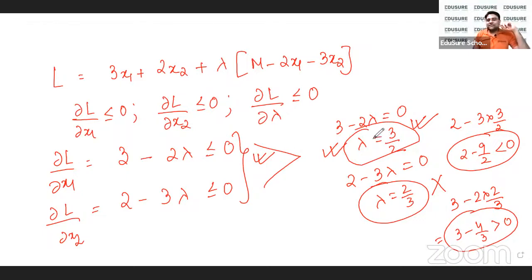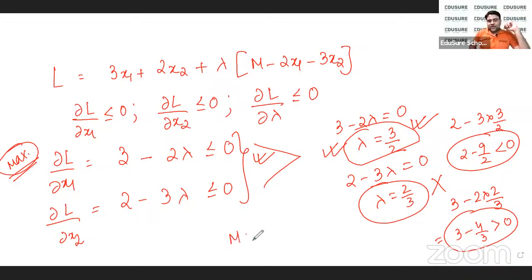Also, please understand, if lambda is equal to 3 by 2, it means that del L del x1 is the maximizing constraint. So this is something which is maximizing. So x1 will take the value.